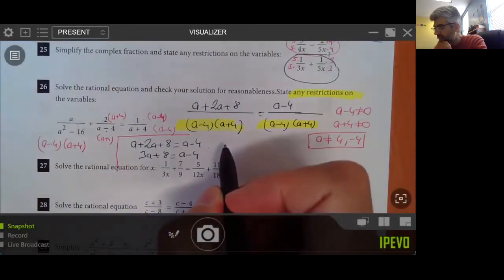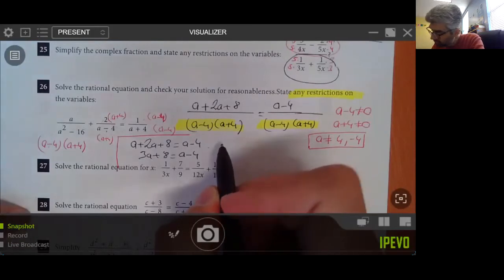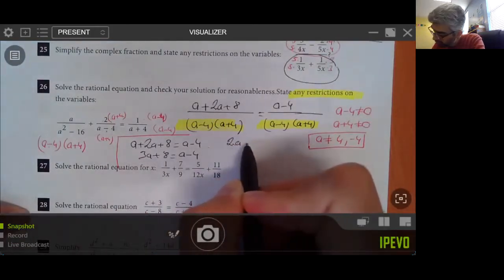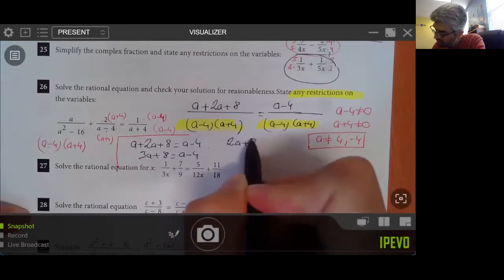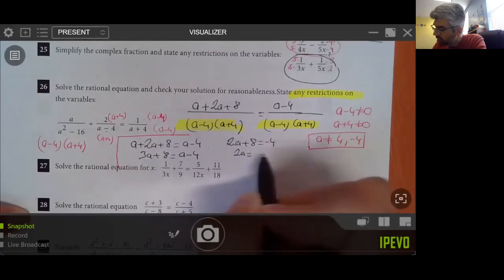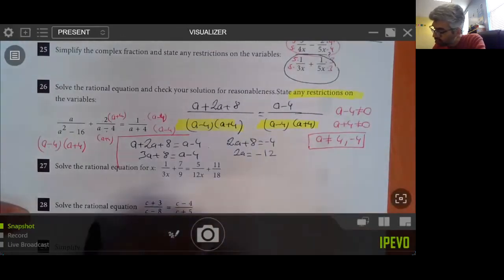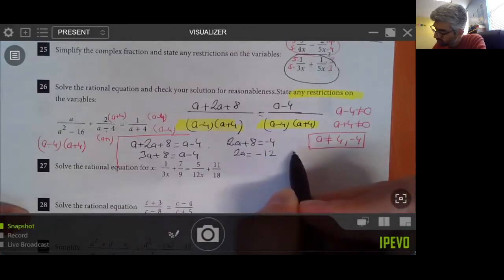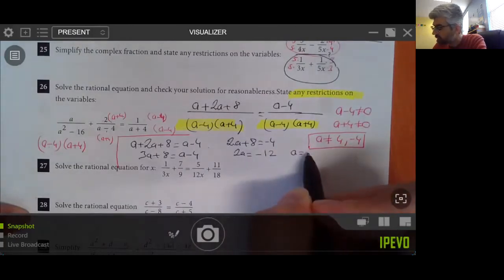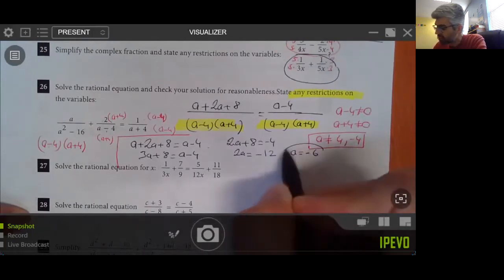If I combine the a's on one side, subtract a on both sides, I will have 2a plus 8 equals negative 4. 2a equals, if I subtract 8 from both sides, 2a equals negative 12, and a is equal to, I divide both sides by 2, negative 6.